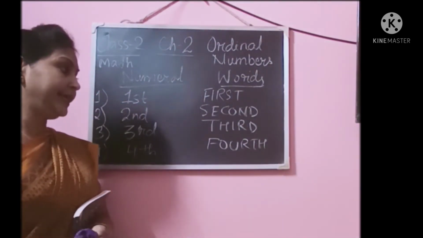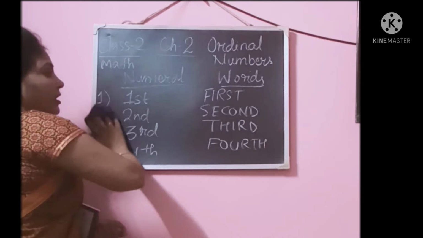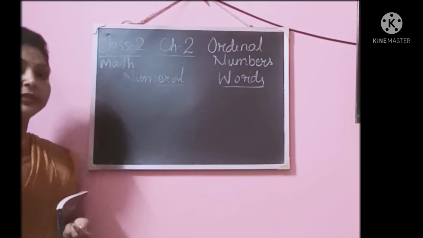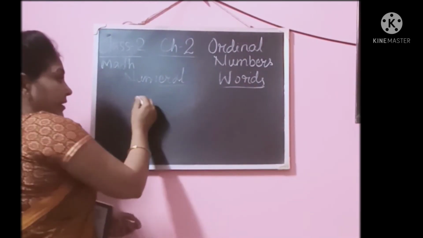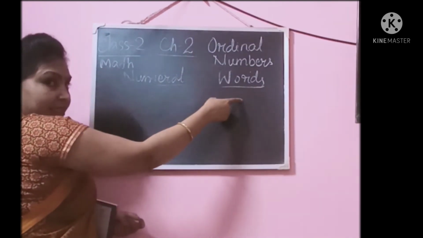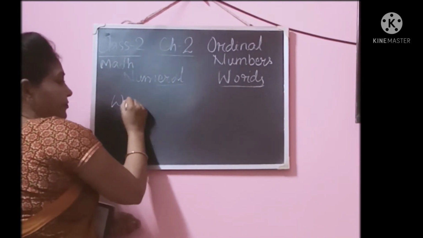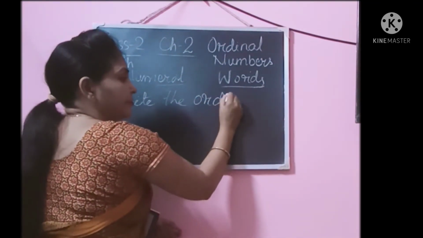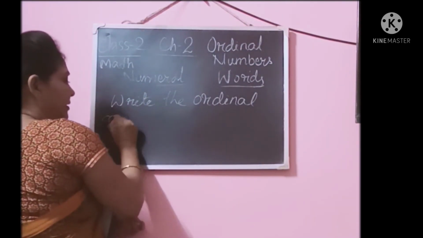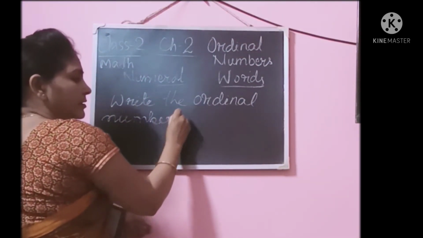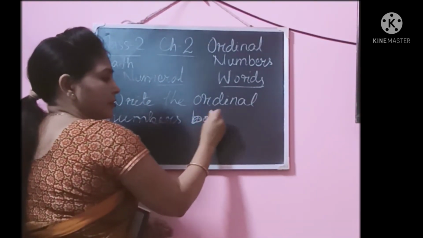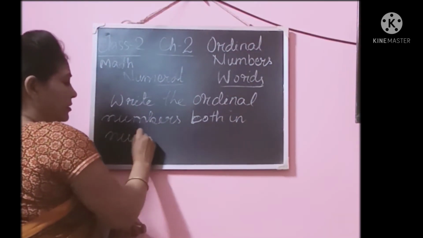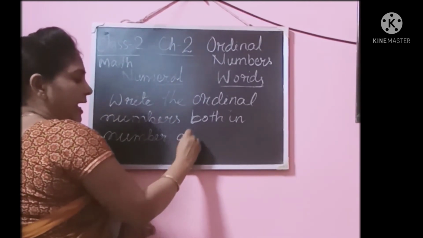So you write the ordinal numbers both in number and number name from 1st to 20th.